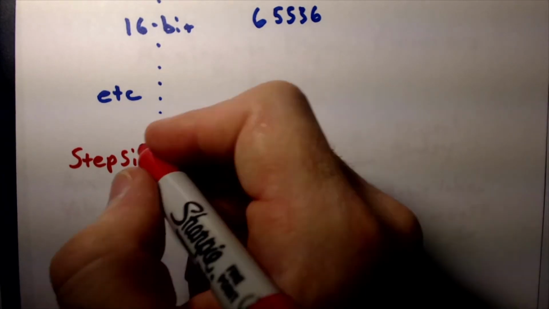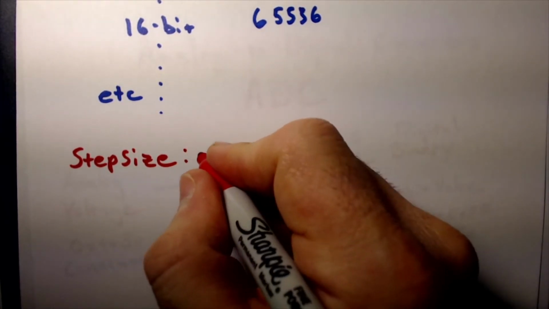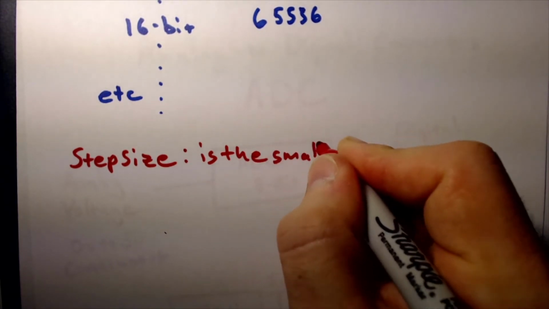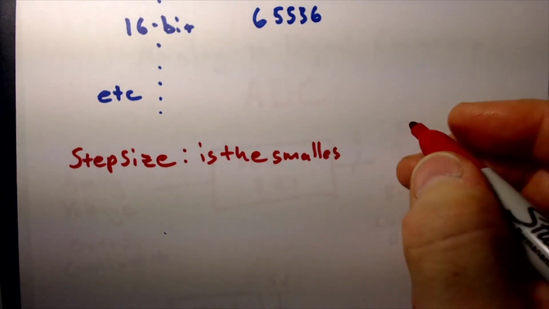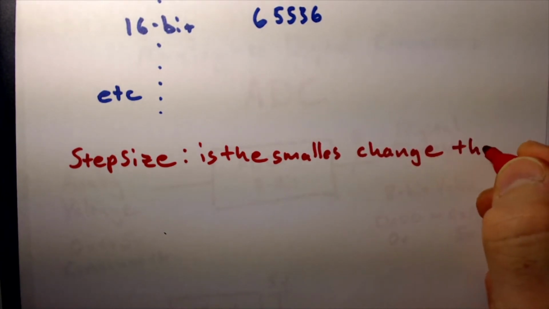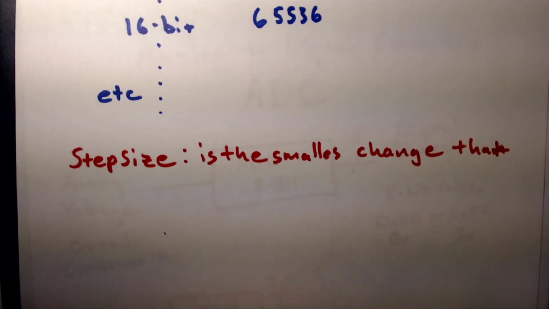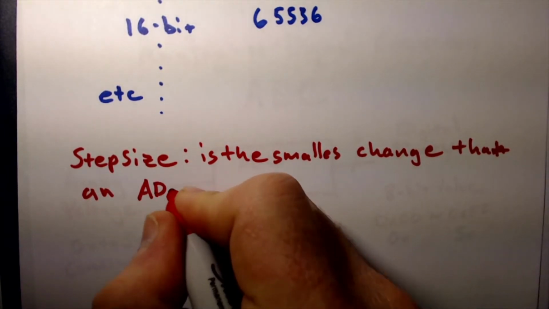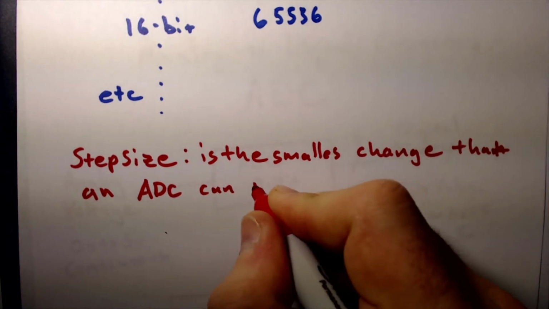Step size is the smallest change that an ADC can measure.